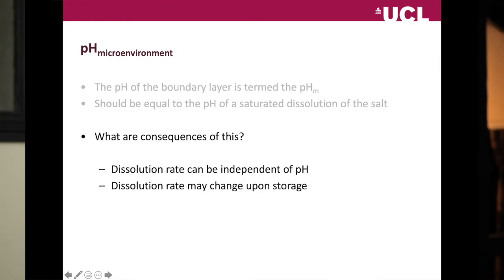Right, there are some consequences of this, as shown on the slide. One is that the dissolution rate can be seen to be independent of the pH of the medium, as I just showed you. Another is that the dissolution rate of your material might change upon storage. I said right at the start of this lecture, the key outcome for you to understand is this interplay between pHM and pH max, and what that means for stability.